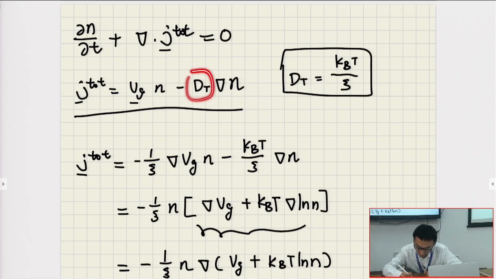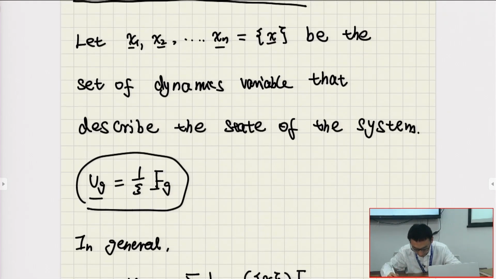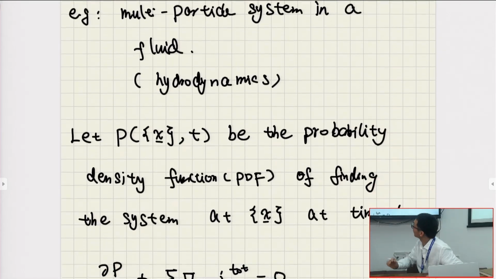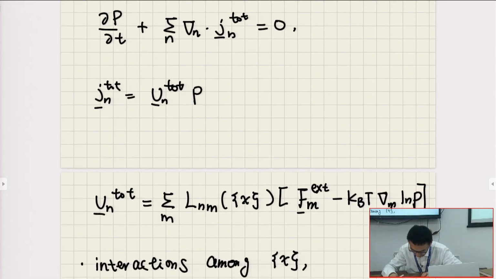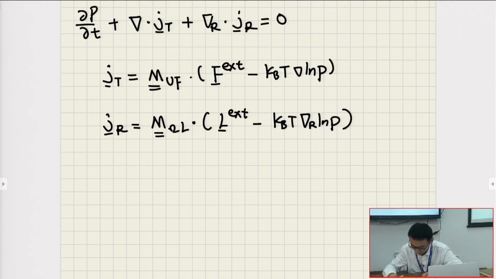I've just replaced DT by kBT over zeta, and then I've factored out zeta. You can just use DT instead of kBT. We're still looking at Brownian systems. We haven't talked about active systems yet. Okay, make sense?